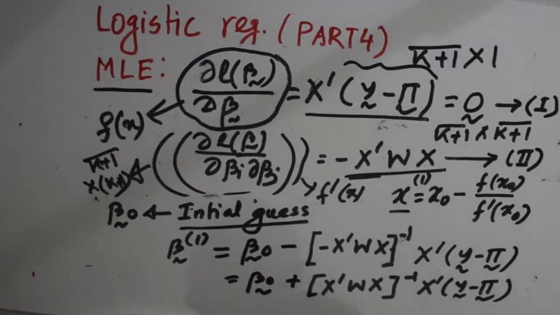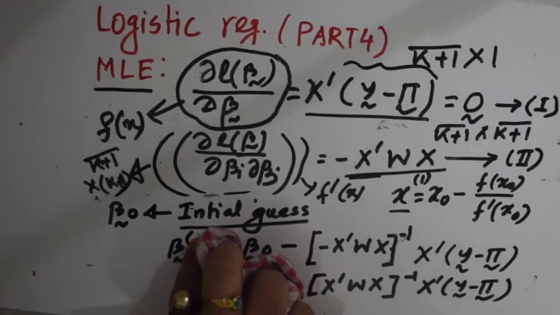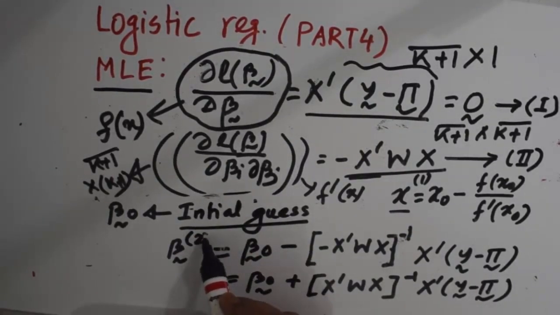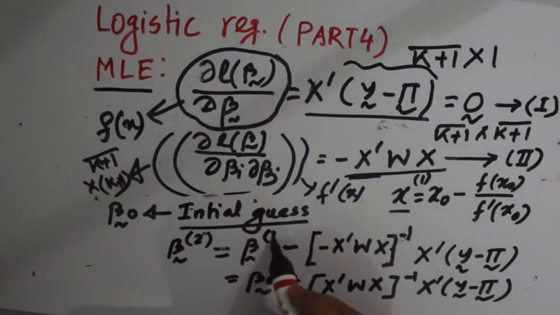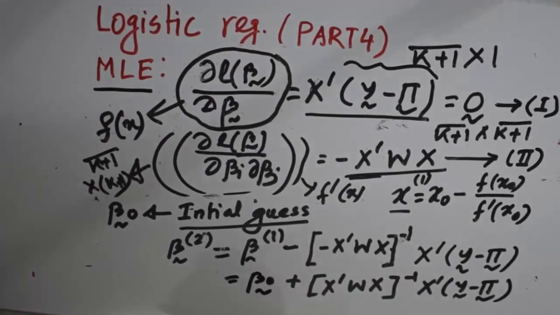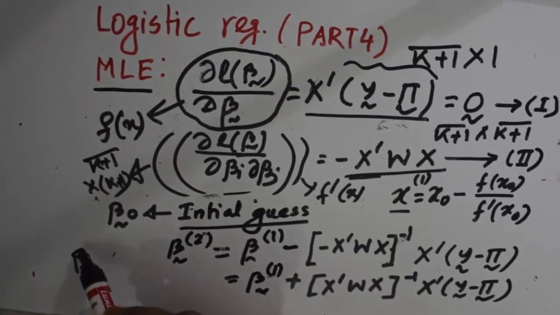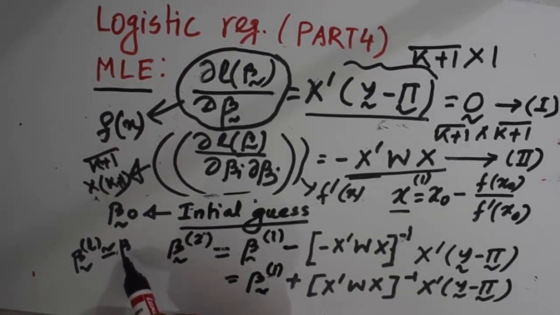Then using beta 1 curl, the first approximation, we get the second approximation, and similarly we get the third approximation and so on, and we stop the method when beta l curl is approximately equal to beta l minus 1 curl up to the desired degree of accuracy.